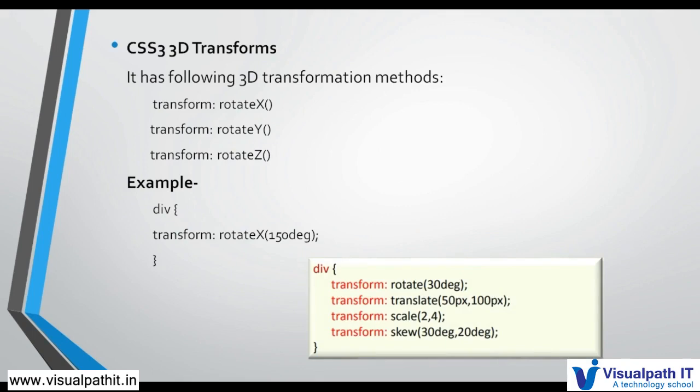To make it 3D, you can give the accurate values. You need to play with it. For example, rotate 30 degrees, translate 50 pixels by 100 pixels, then scale 2 by 4, then skew 30 degrees by 20 degrees.